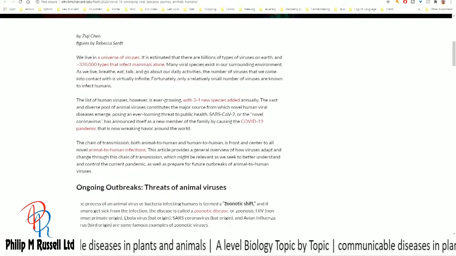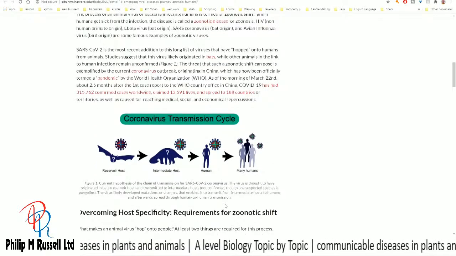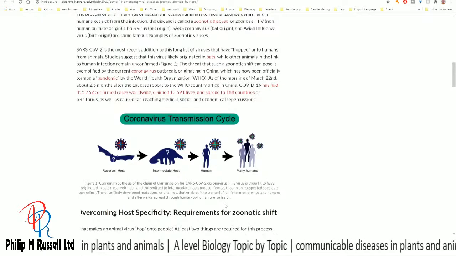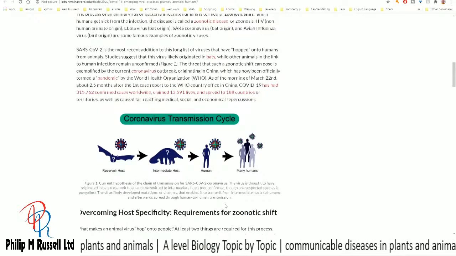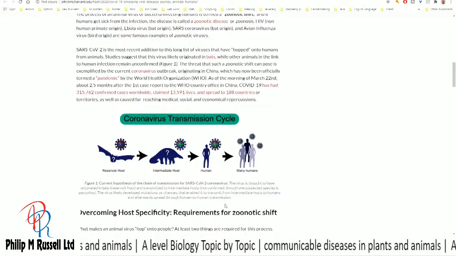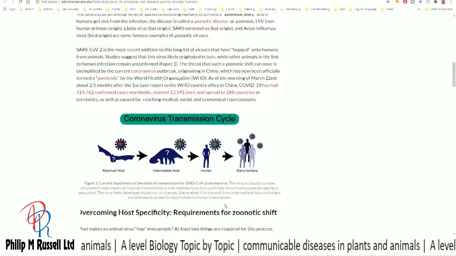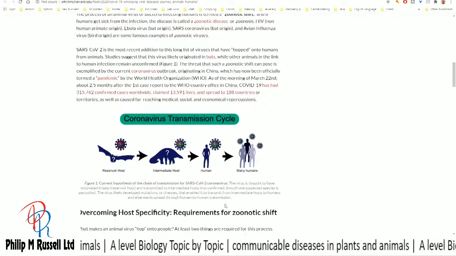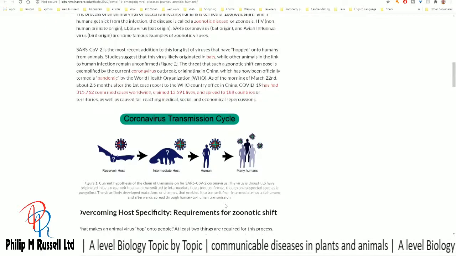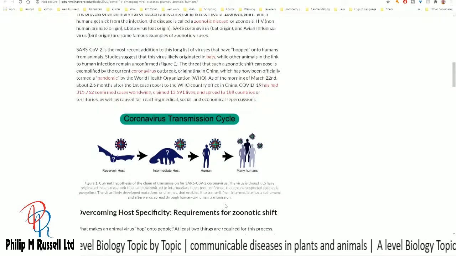It's really relevant, that we've got this idea that we've got a reservoir host. This somehow goes into an intermediate host, maybe the bat to the pangolin, and then somehow it gets out into the human population, and then this virus again shifts. It's called zoonotic shift.